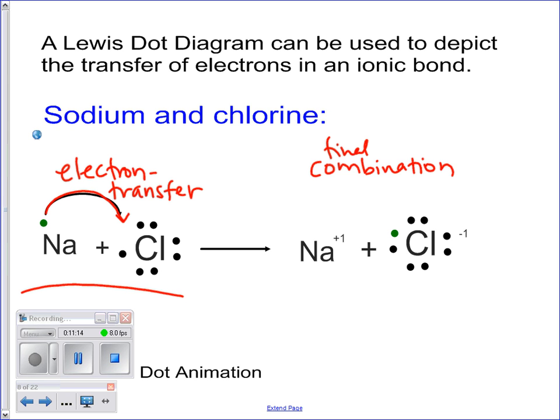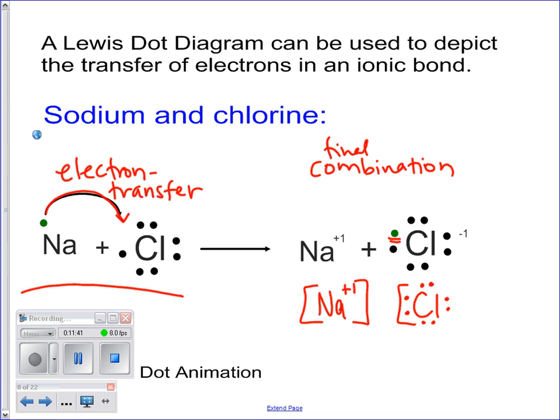And then you have chlorine, which has now gained an electron and now has a -1 charge. So the final combination that I want you to write, I want you to put each one in brackets. So we're going to put sodium +1 in brackets. And then we're going to put chlorine with its 8 dots around it, because chlorine has gained an electron. You have to show that it's gained that electron.